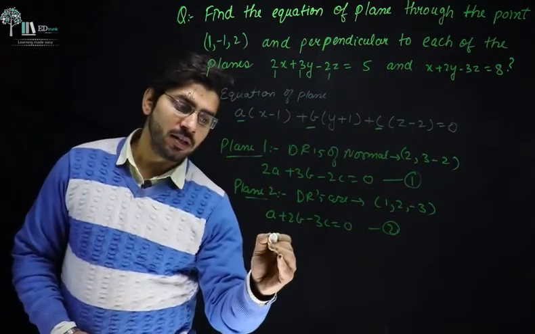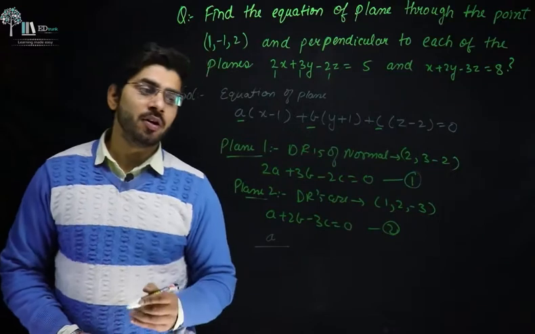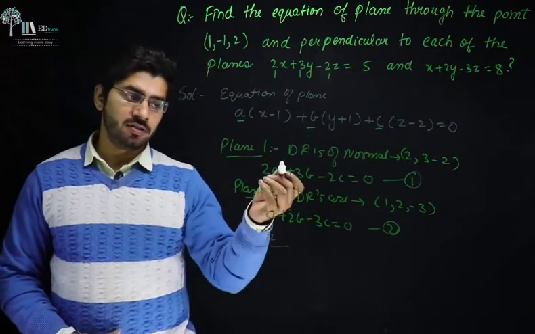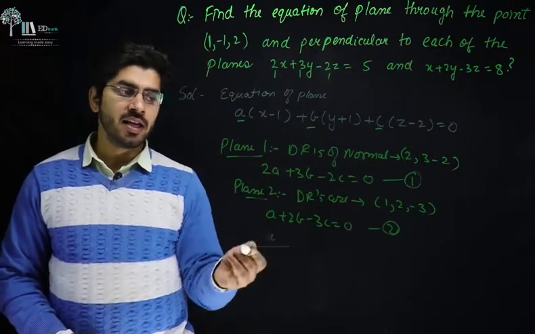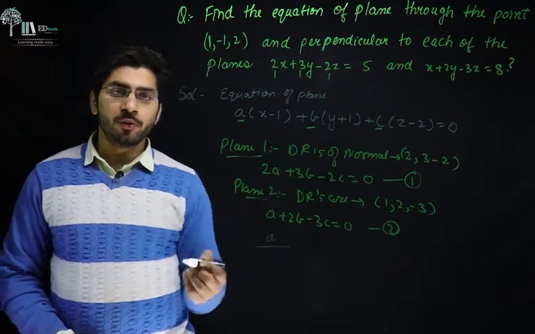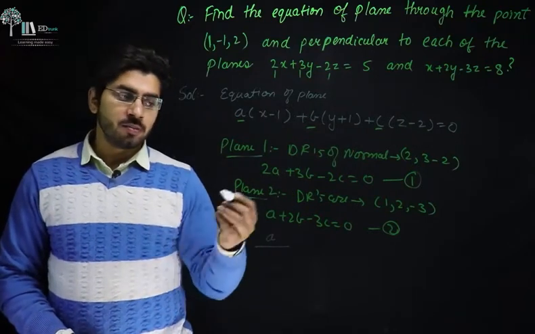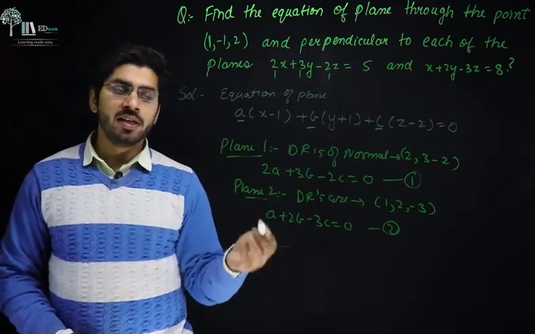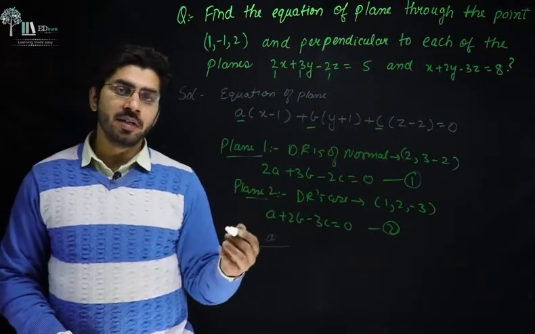So that will be a upon multiplying the b and c: 3 into 3, that is 9, and minus 2 into 2, that is -4, so -9 and minus 4 will be +4.